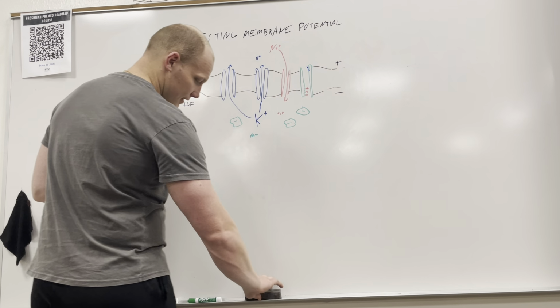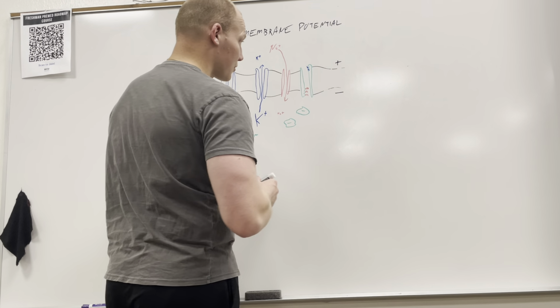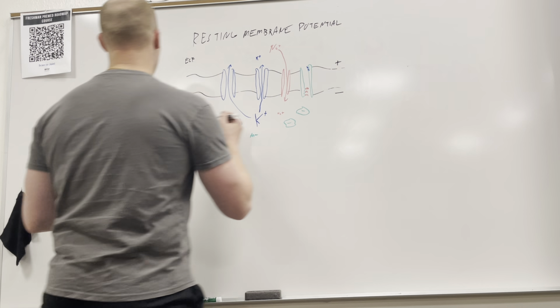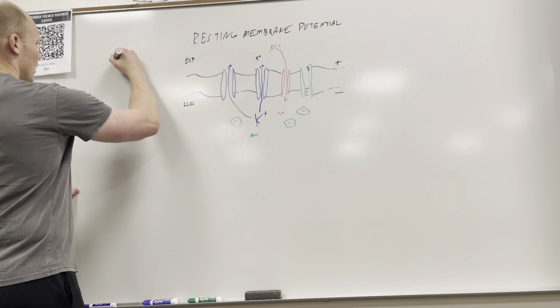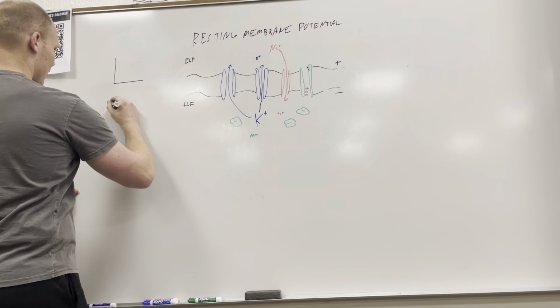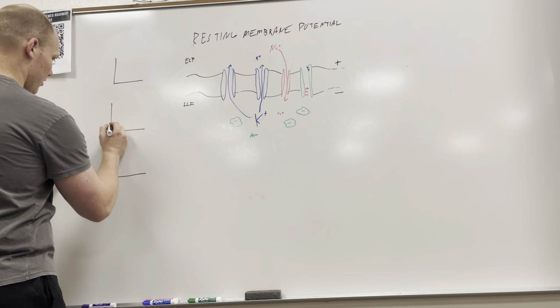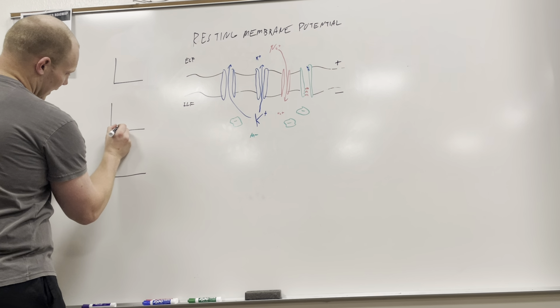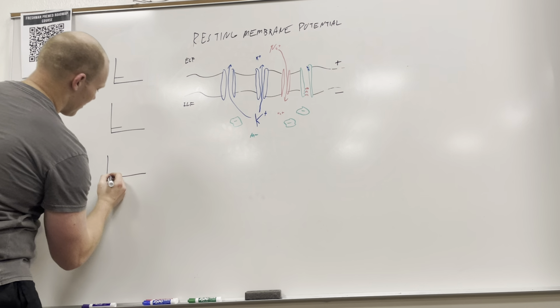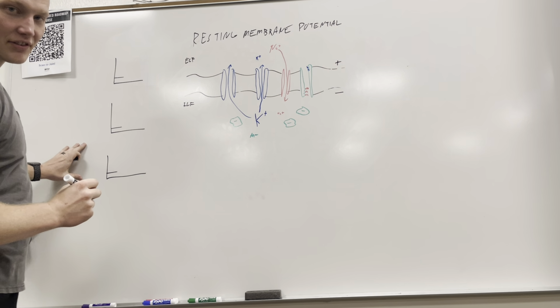Things that can affect resting membrane potential, we'll draw a little graph right over here, a couple of them. So let's talk about how concentration and permeability can change it. So we'll have these coming out here at a resting membrane potential of about negative 70 millivolts.